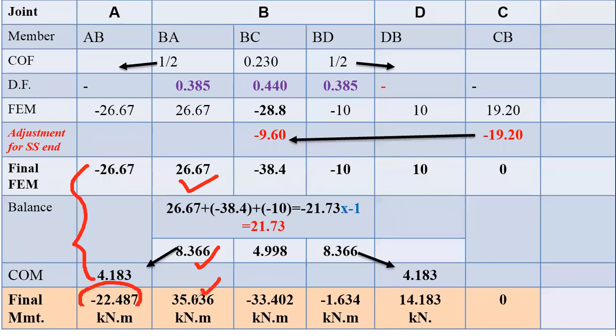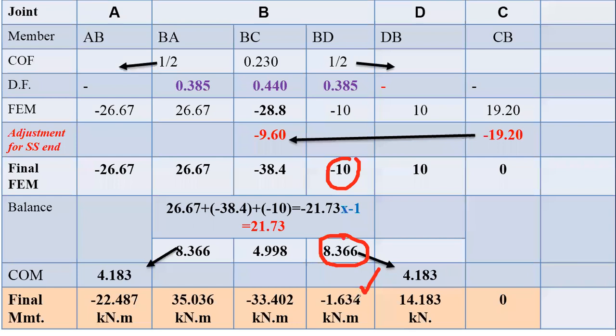Then for BC, minus 38.4 plus 4.998, that will be minus 33.402. Similarly for BD, minus 10 plus 8.366, so minus 1.634. And for DB, plus 10 plus 4.183, that will be 14.183. Whereas for support C, the moment should be 0. So these are the final moments.